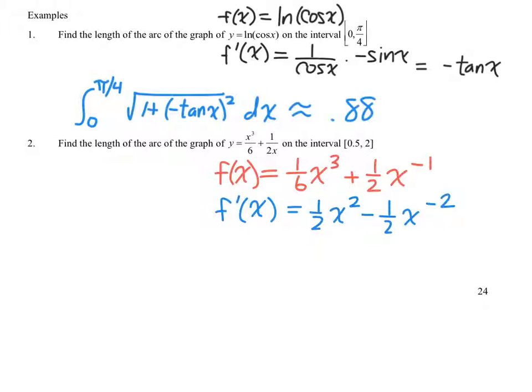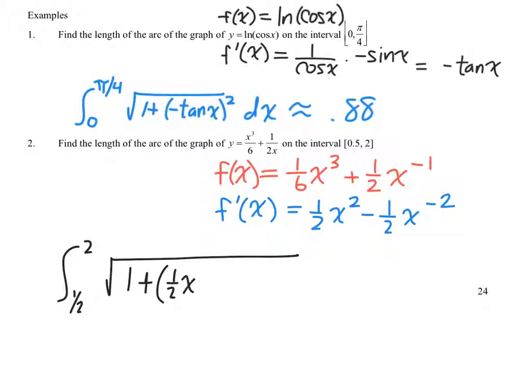Now it's just a matter of popping it into the formula. Going from 1/2 to 2, the square root of 1 plus the quantity 1/2 x squared minus 1/2 x to the negative second, the whole quantity squared, dx.